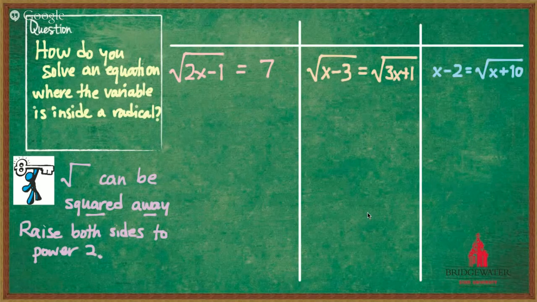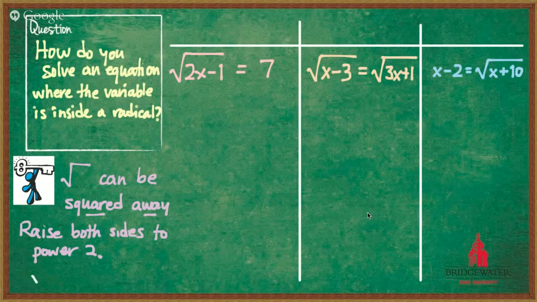The only problem with this, and it's not a problem that's going to show up in any of these examples, but something to be careful about in general, is I can only do this if my square root resides over the entirety of either the left side or the right side of the equation.